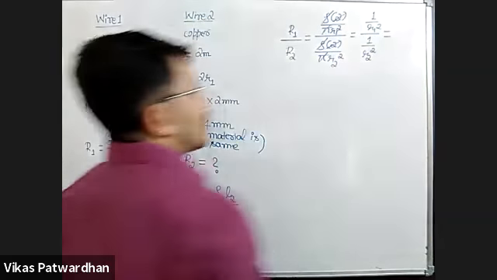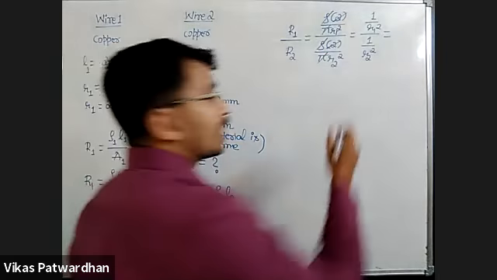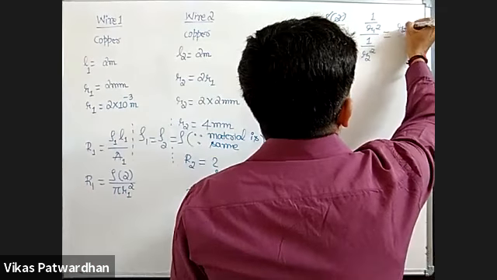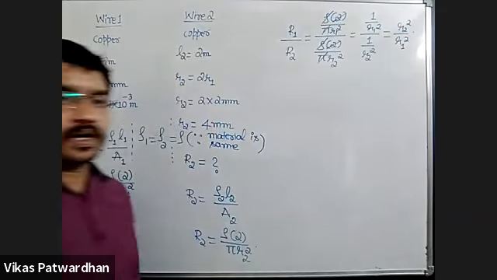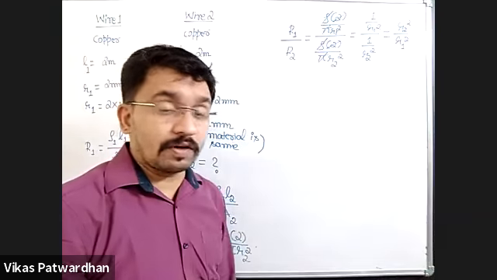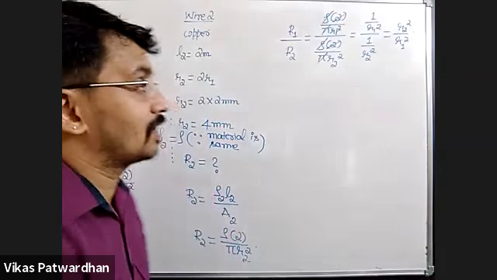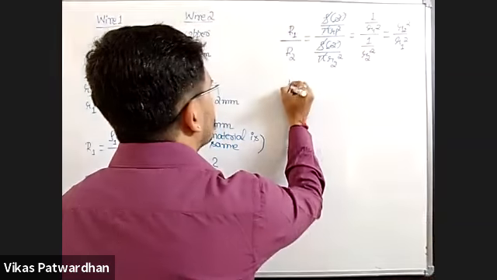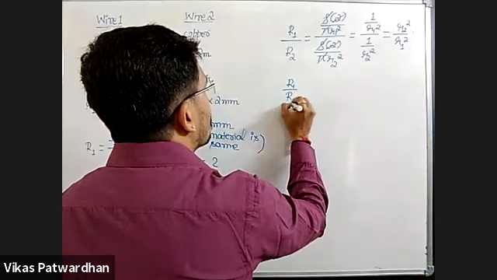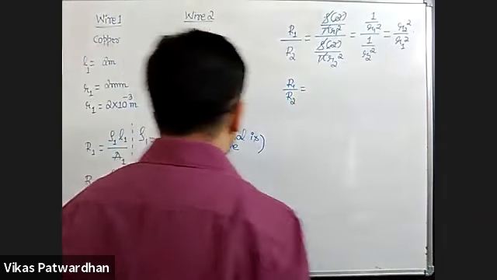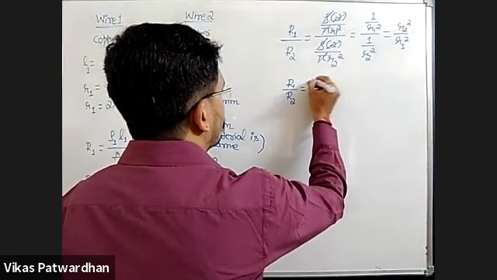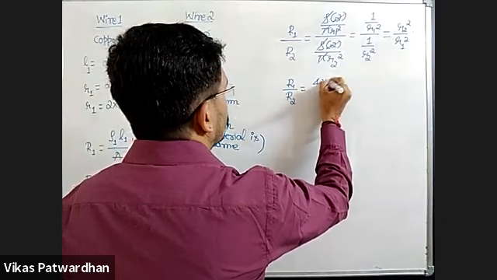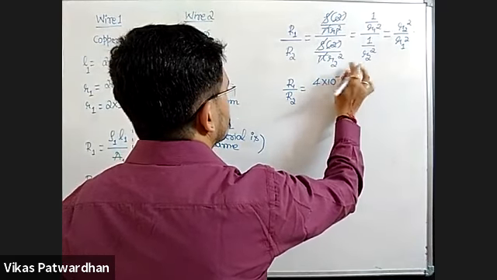What is 1 by R1 square over 1 by R2 square? This is R2 square by R1 square. Yes or no? Yes sir. R1 by R2 equals that. What is R2 square? 4 into 10 to the power of minus 3.